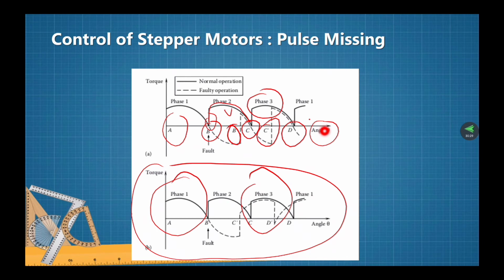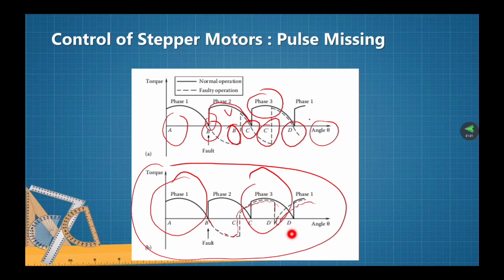The corresponding motor torque is shown by the broken line in this figure. In this case as well, the net torque can be much smaller than what is required to maintain the normal operating speed, and the motor may stall.